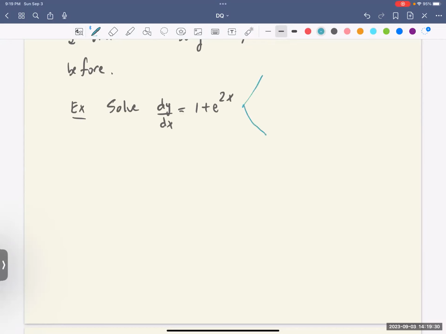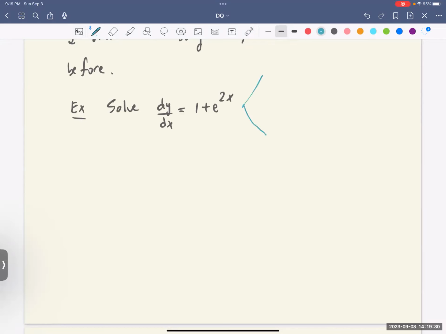And we have the integral of 1 dy on the left, integral of 1 plus e to the 2x on the right, and on the left that would become y plus some constant, maybe d, is equal to x plus e to the 2x over 2 plus some constant, maybe g.